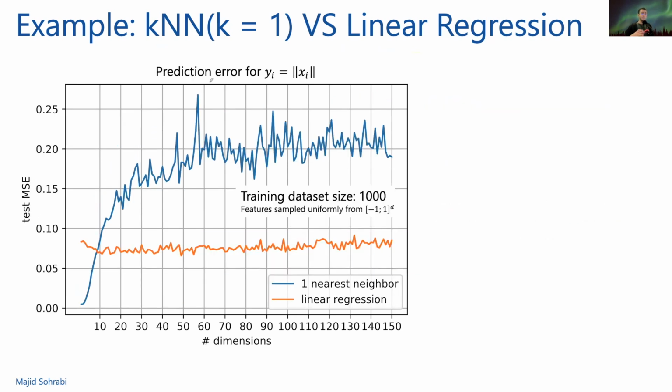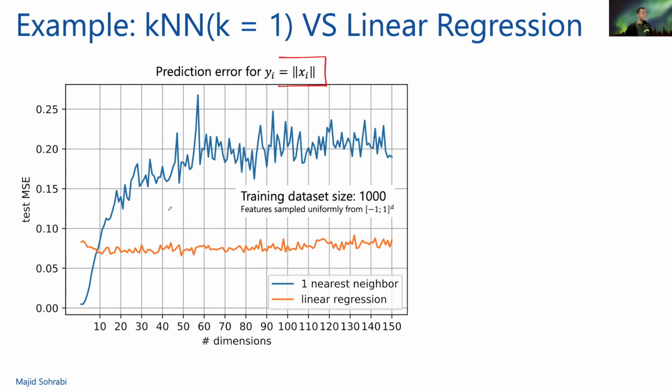So let's consider the same problem setup with the same models, with the same generated data, but the target is not the linear dependency between features, but rather calculating the norm of the features, calculating the absolute value.